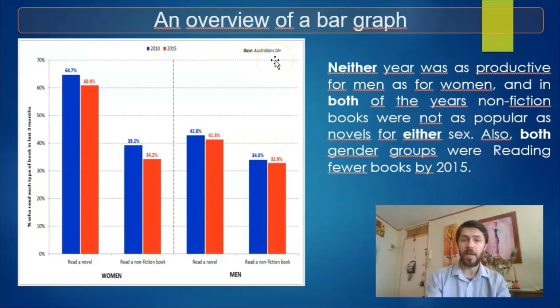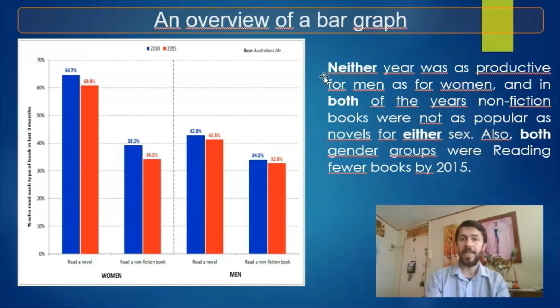Okay, and in 2 years, 2010 and 2015. Okay, we have two categories here. We have reading novels and we have reading non-fiction books. Okay, and here we have an overview, right? Let's look at this overview together.